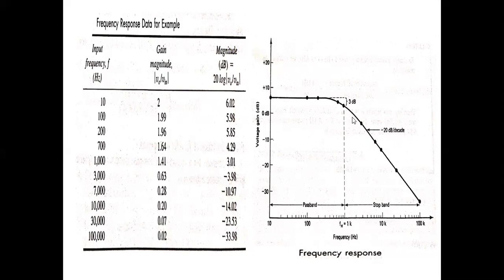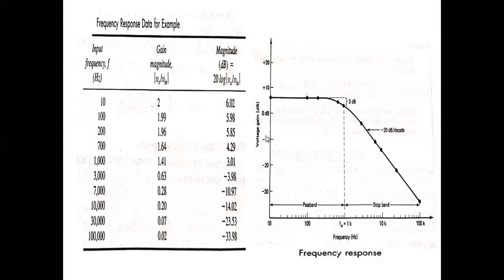What it is going to indicate here: for 10 Hz, the value is around 6.02 in terms of dB. Similarly, for 100 Hz, it is 5.98, just slightly below this value. And for 1 kilohertz, it is around 3.01.